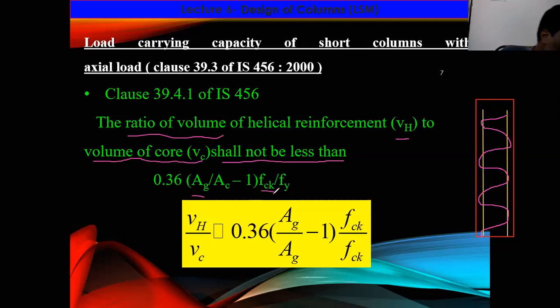It is already given in your code book. If you have it, just go and open clause number 39.4.1.